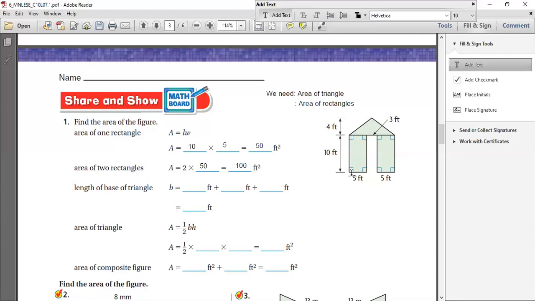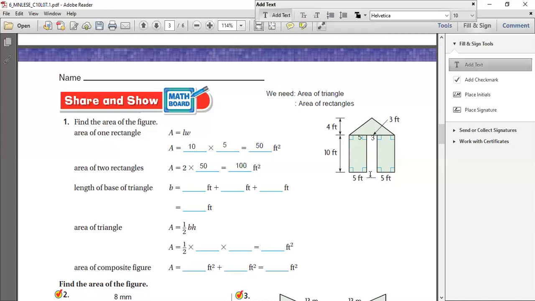They said the width of the rectangle is 5, and the opposite sides of rectangles are equal. So if this side is 5, this side is also going to be 5. Let's write it down there as 5. Then the amount they gave for this part is 3. See this arrow?